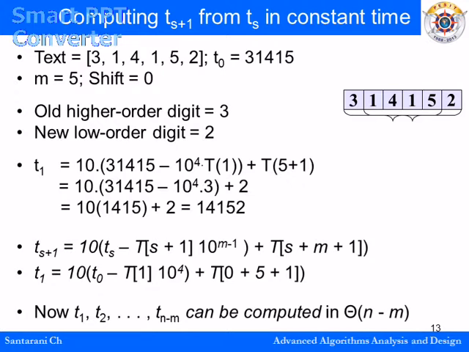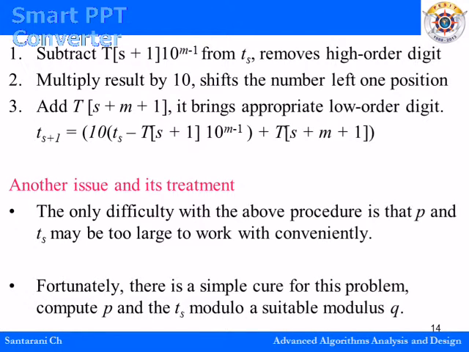Now t_1, t_2 up to t_{n-m} will be computed in theta of n minus m. We can summarize the above formula in words as the steps 1, 2, 3 given here.